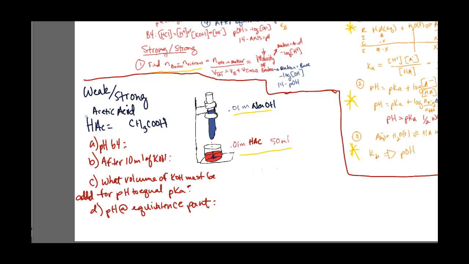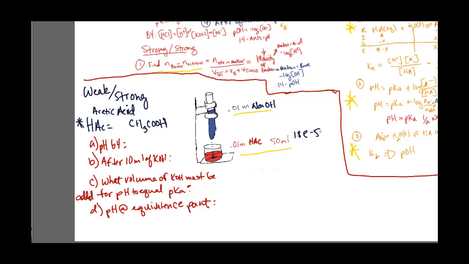I'm going to abbreviate acetic acid here as HAc. This is what you'll see, or C2H3O2H. Either way, it's a weak acid. The Ka for this acetic acid is 1.76 times 10 to the negative 5. Most books just use 1.8 e to the negative 5.